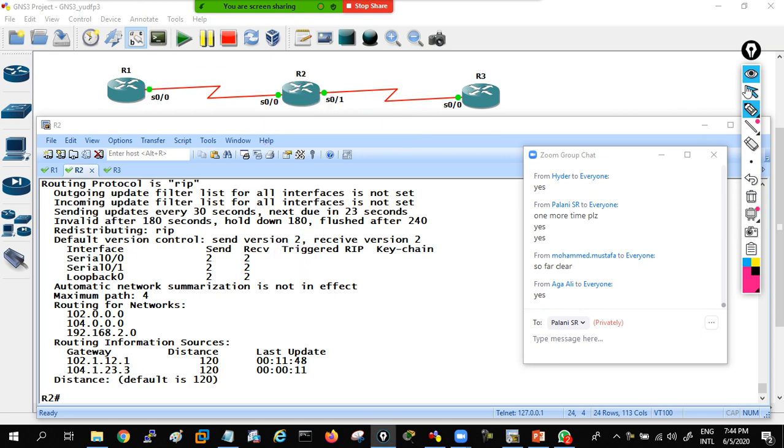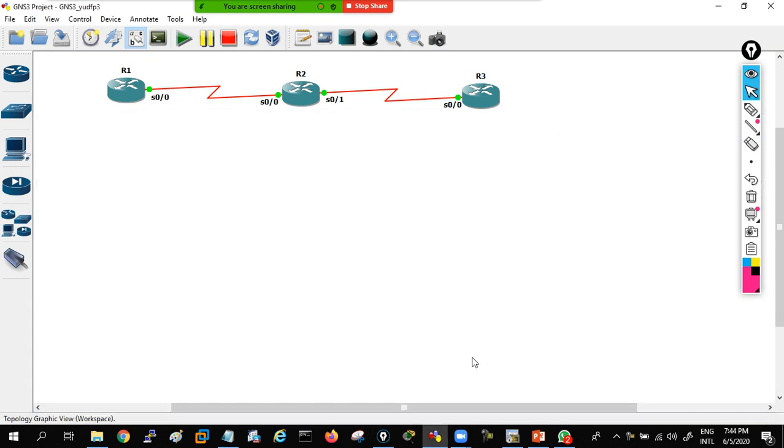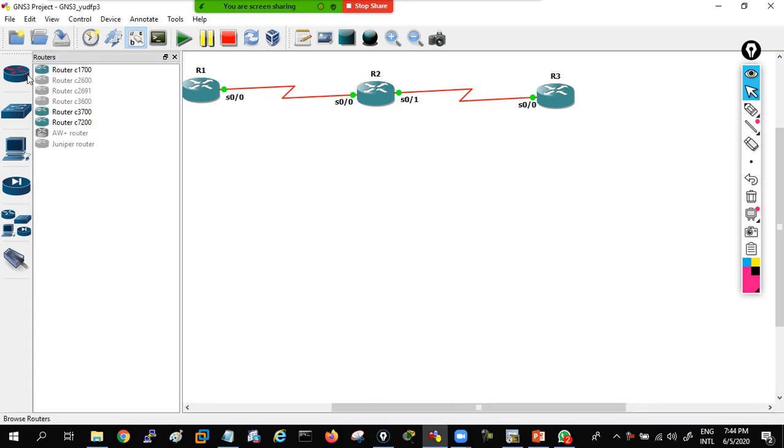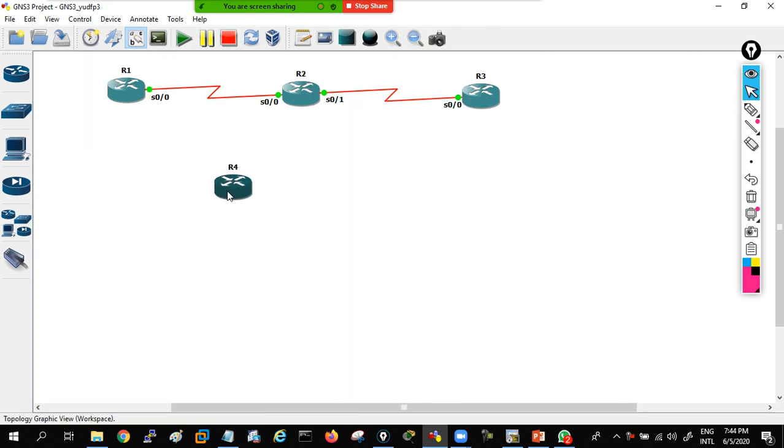One more thing. Let's see here. For you to test, guys, okay? I took one more router, right? Palani, are you able to see this? I took one more router. Let's connect it. Yeah, Palani, are you able to see this? Now, what happened?